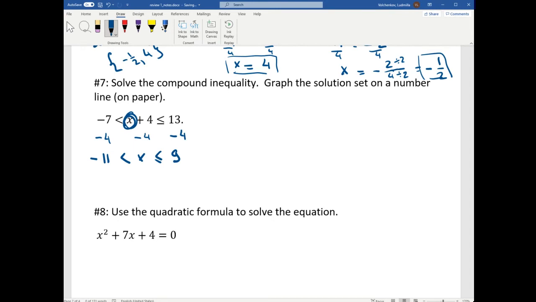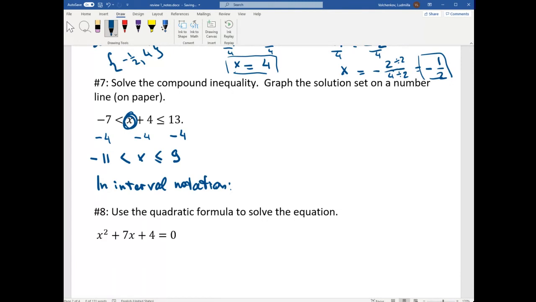So I think here we must give the answer in interval notation. In interval notation, we use parentheses when we have greater or less without equality, and we use square bracket for greater than or equal, or less than or equal.